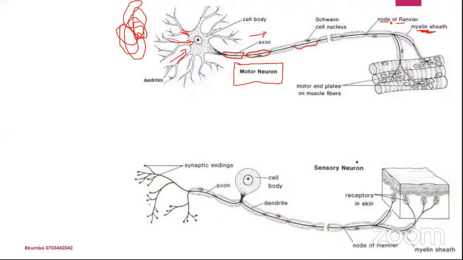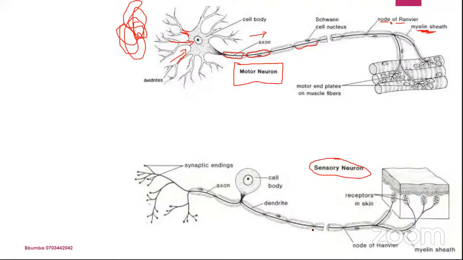Another cell is the sensory neuron. Now, the sensory neuron is majorly to pick impulses from body organs, skin, eyes, ears, whatever. Now, this sensory neuron has, you can see, this is the dendrite. Its dendrite runs from the organ up to the cell body.